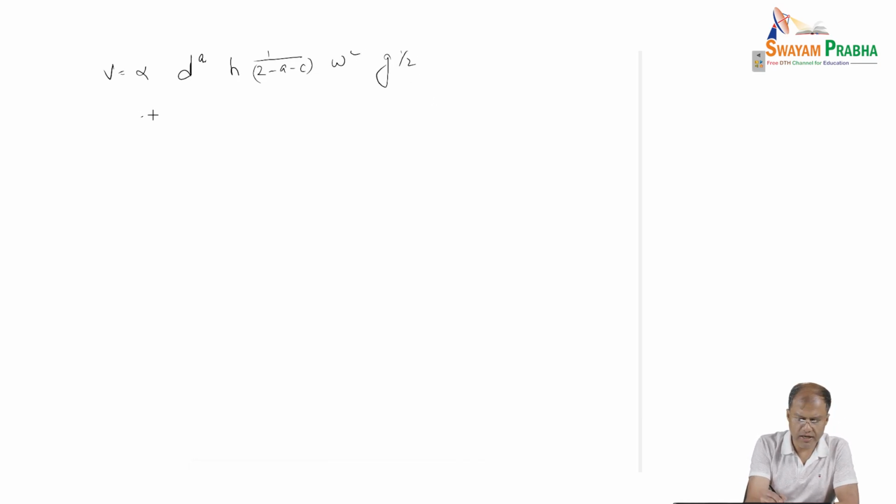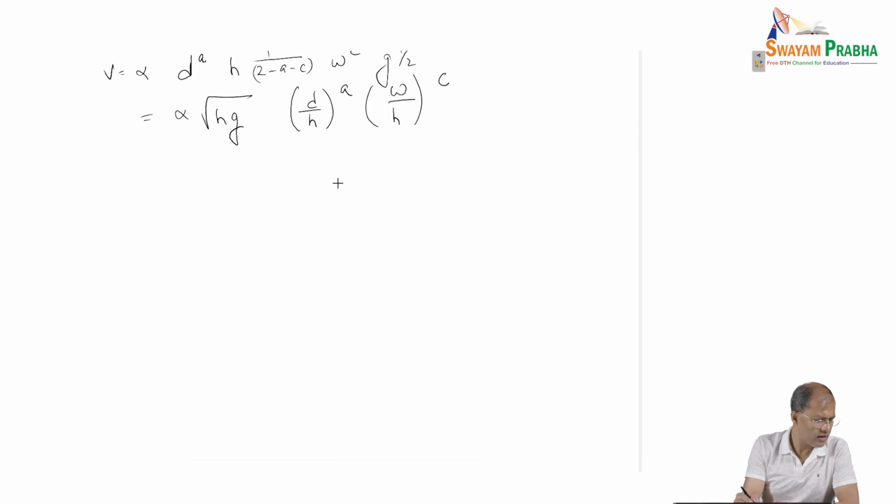And now what we get is that the velocity is alpha times square root of hg times d over h to the power a times w over h to the power c. And these are my two dimensionless groups, pi 1 and pi 2.